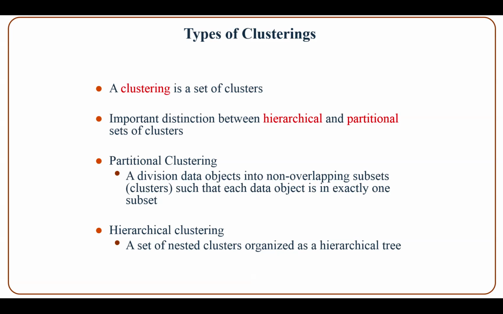In hierarchical clustering, a set of nested clusters are organized as a tree. Each cluster, except the leaves, is the union of its children, meaning subclusters. The root of the tree is a cluster containing all the objects, and the leaves of the tree are often clusters of individual objects.